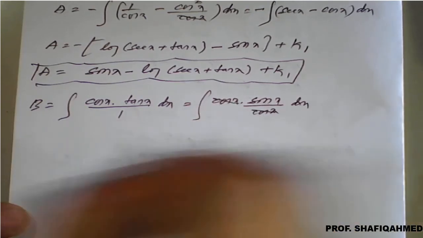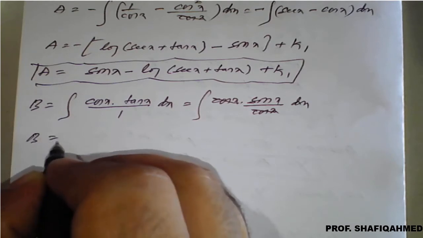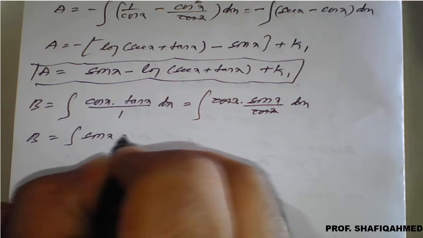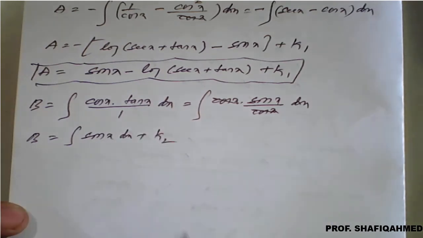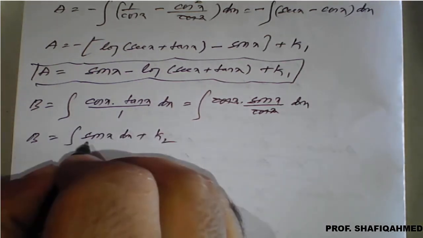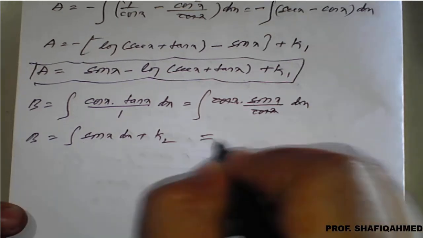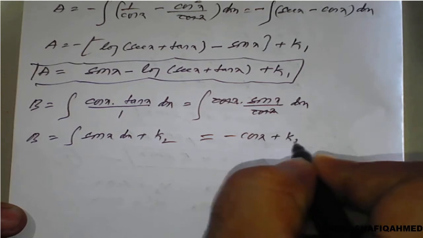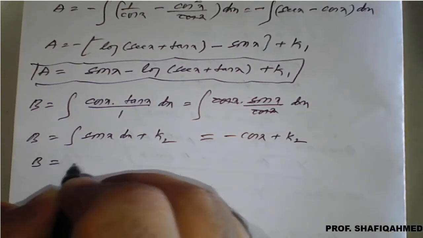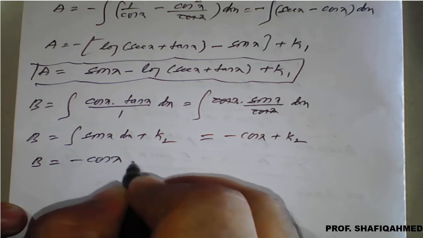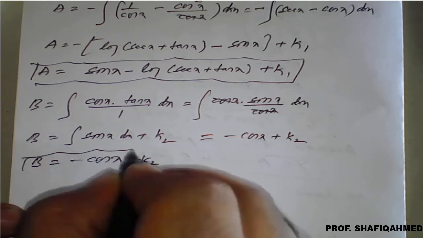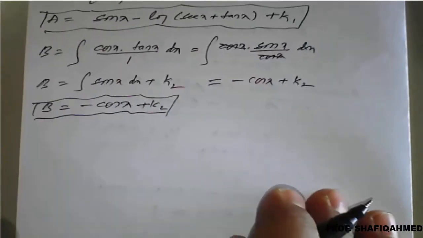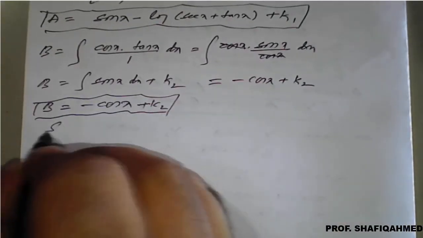So cos x cancels. B is equal to integration of sin x dx plus arbitrary constant k2. Integration of sin x is minus cos x plus k2. Therefore the value of B is minus cos x plus k2. So we got the values of A and B.